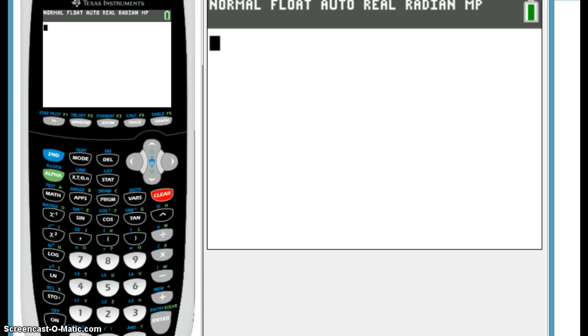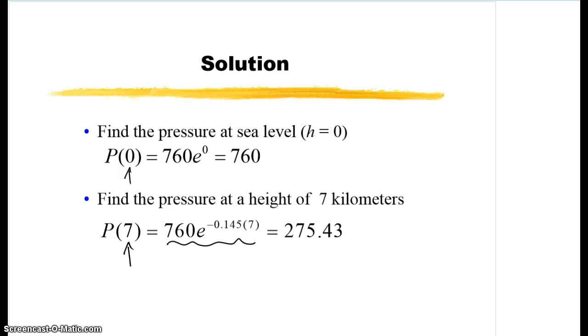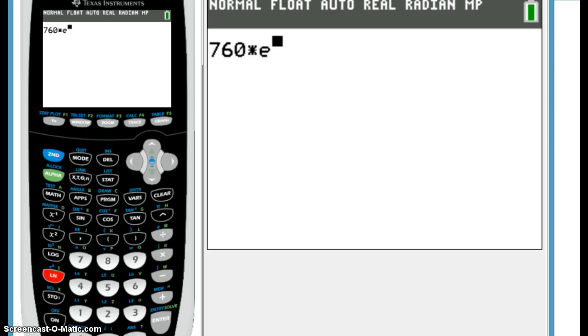Okay, so what I want here is 760 times e, you could find right over here by doing second and ln, this key ln next to the 4. So you do second and ln to get e to the power of. And notice right away the calculator is just asking you to enter the power. Well, I'm going to go back to our problem and remind you the power was negative 0.145 times 7. So if we do negative, the negative is right near the enter key, right below the 3.